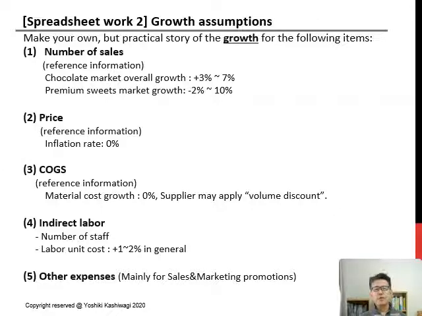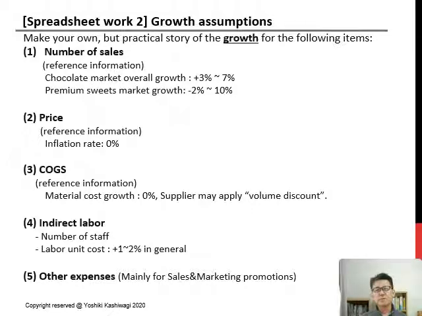Once you make the assumption about the investment, the next one is growth assumptions. Now it's your turn to make your own assumption about your business items. Something like number of sales, how you grow, how much you can grow your business, and how about the price? Are you going to keep the price flat, the same? Or how about the COGS? What do you think about the material cost? Is it going up or is it going down?